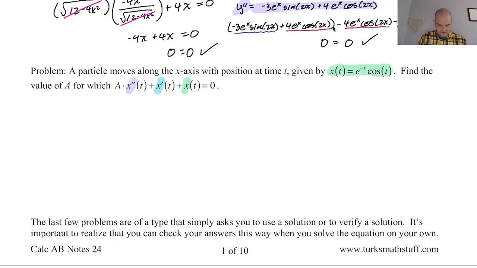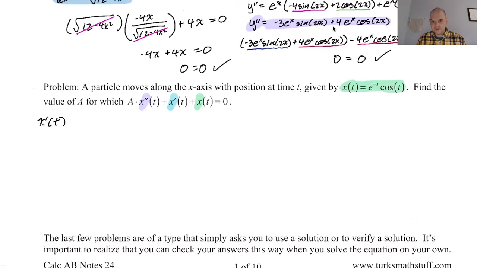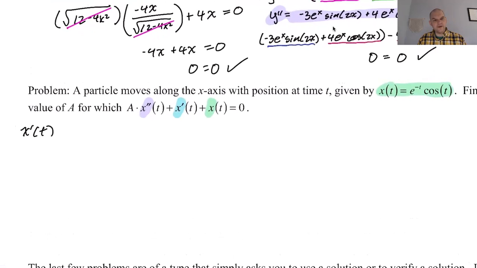So let's find x prime. x prime of t. You want to be really organized, which is not exactly my wheelhouse. So first is e to the negative t times the derivative of cosine, which is negative sine of t, plus second, which is cosine of t, times the derivative of e to the negative t, which is negative e to the negative t.